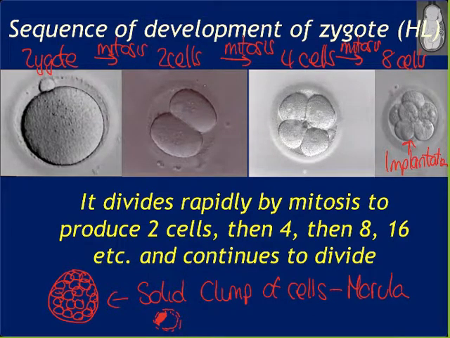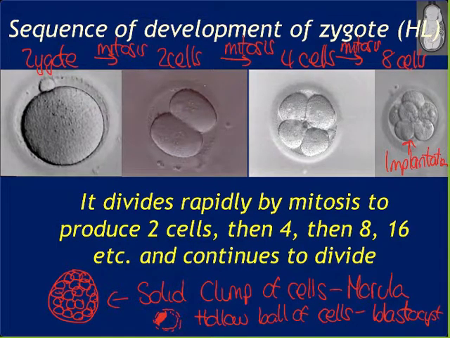So this is what's called a hollow ball of cells, and it's called a blastocyst. So in this little diagram, this is going to be your embryo and everything else is going to become placenta and amnion.